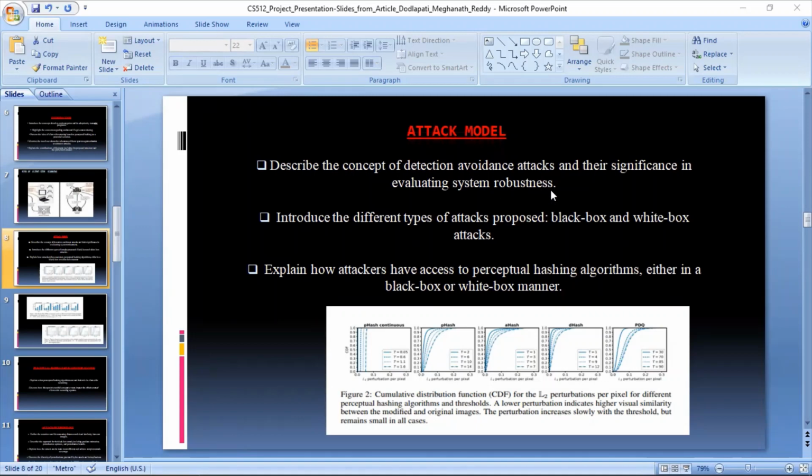The paper suggests testing the systems with different kinds of attacks, like black box and white box attacks. In a black box attack, the sneaky person doesn't know how the system works. They just try different things until they find a way to trick it. In a white box attack, they know exactly how the system works and use that knowledge to find ways around it.